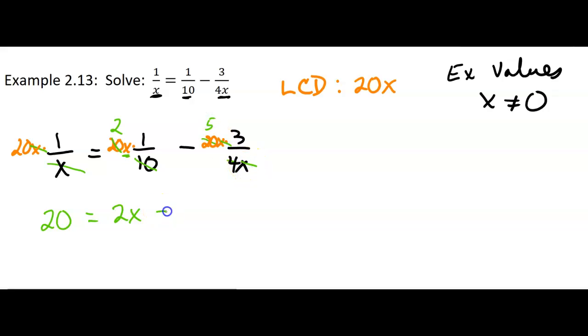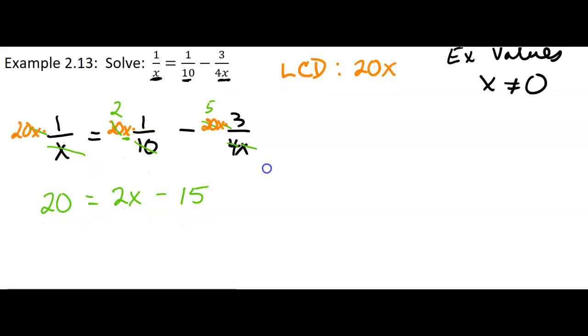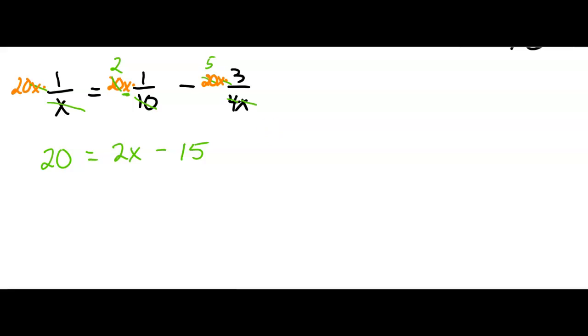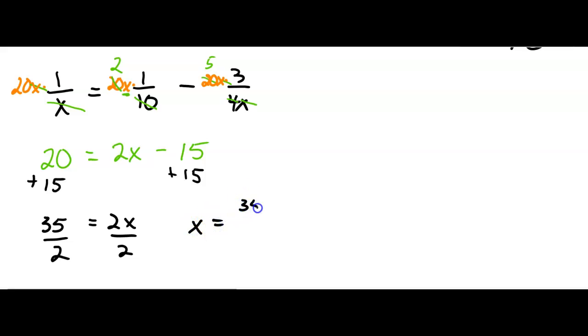So I get minus 15. Okay, so that's a linear equation. So I'm going to add 15 to both sides. I get 35 equals 2x, divide by 2, and I get x equals 35 over 2.